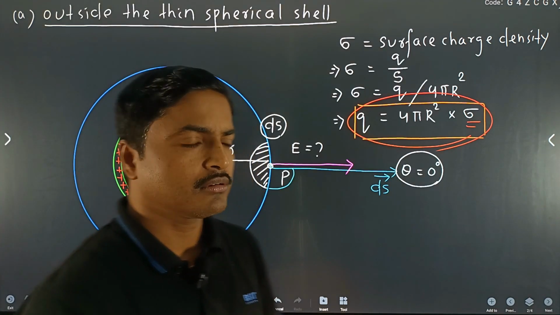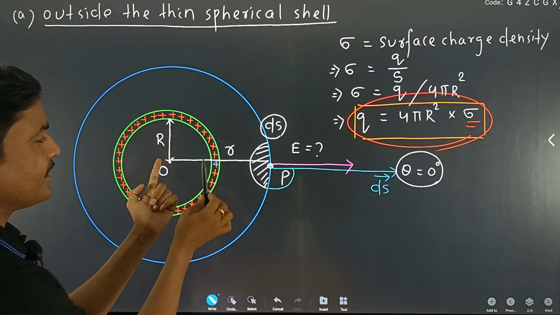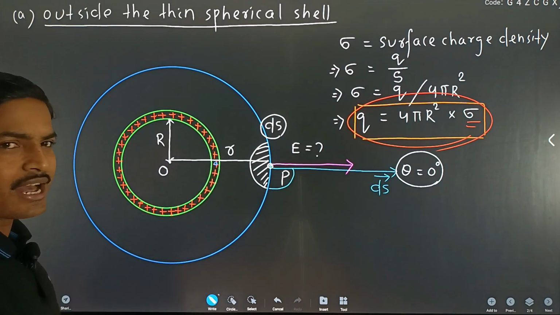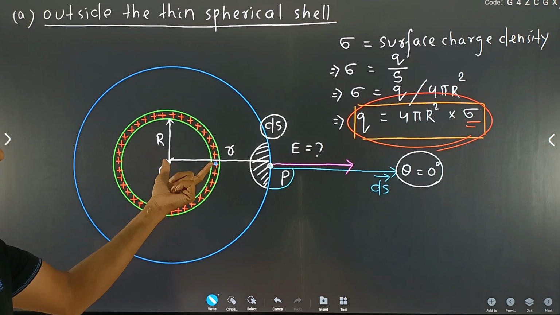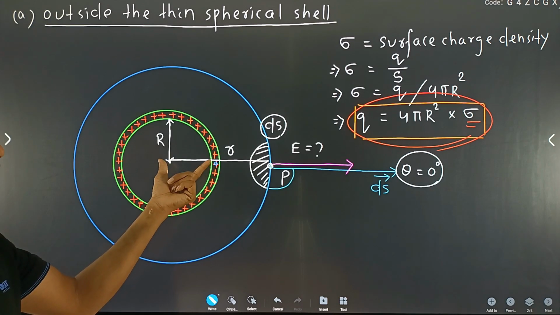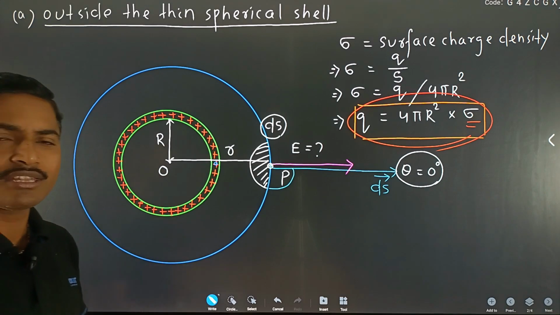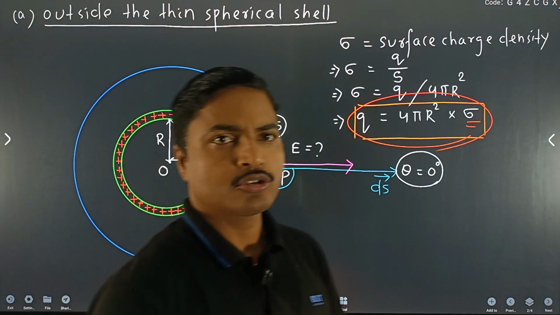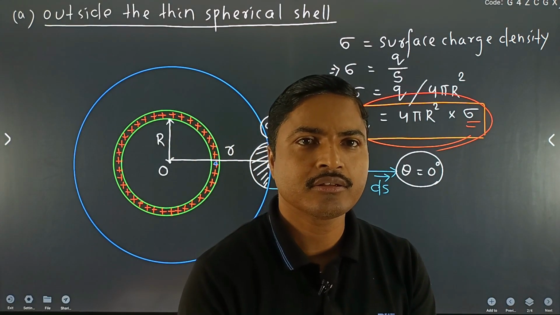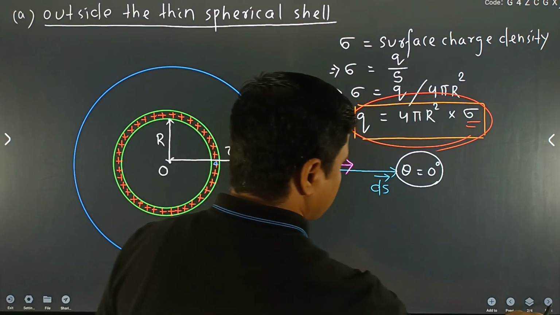What is the magnitude of distance between the center of the thin spherical shell and the observation point? You know that is always r, and this is the small r. If the point is situated on the thin spherical shell, this is the distance, this is small r, and this is the same as the radius of the thin spherical shell. So on the thin spherical shell, small r is equal to capital R.